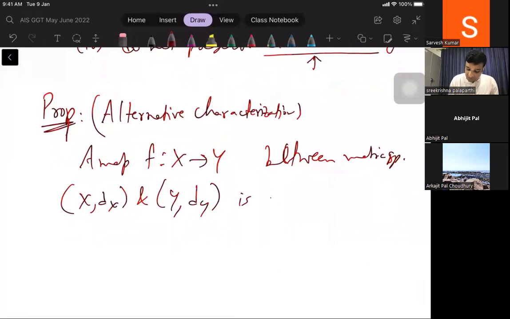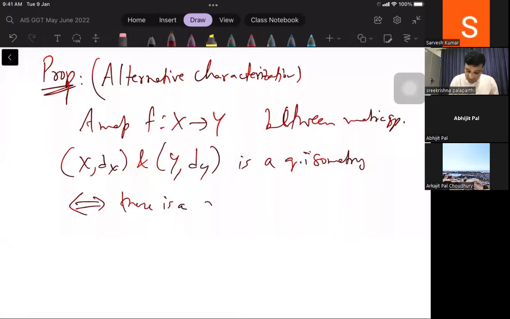Is a quasi isometry if and only if there is a quasi isometric embedding with quasi dense image. This characterization is useful for us later.